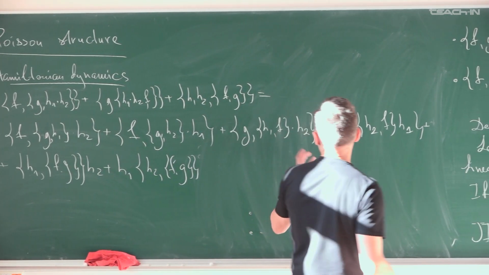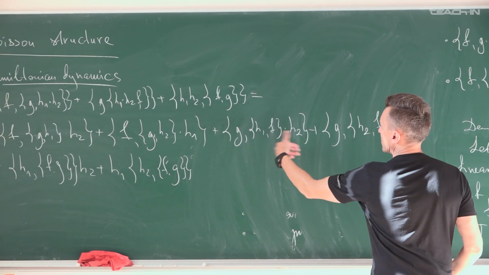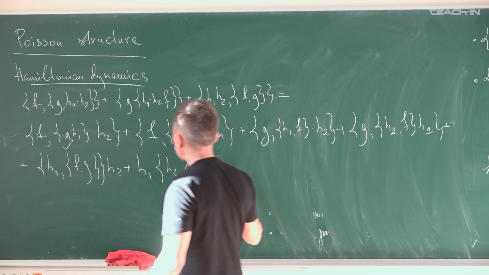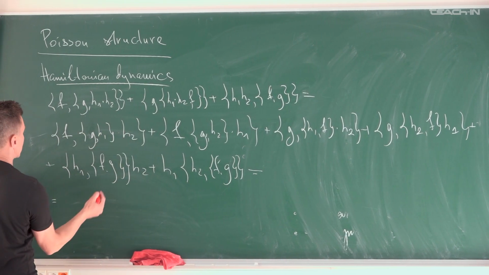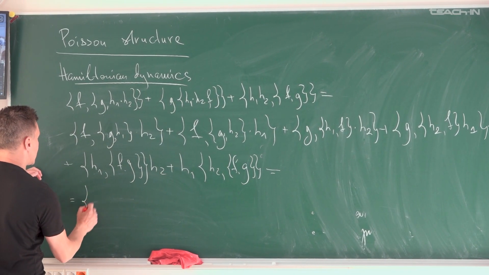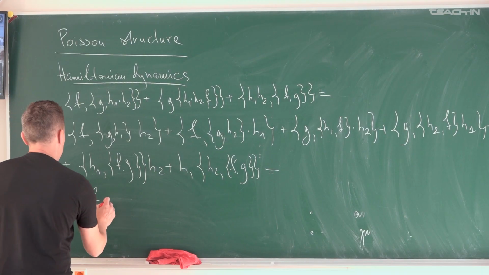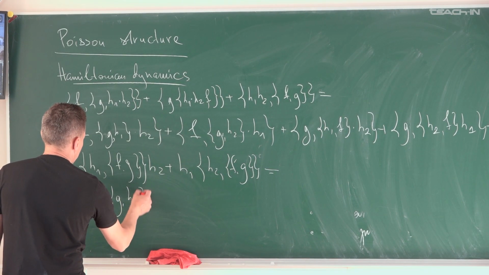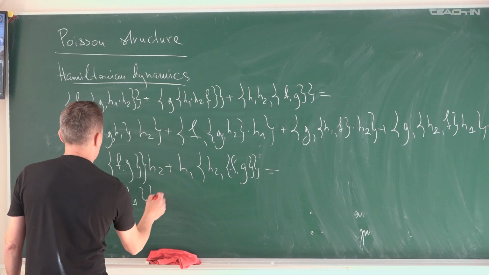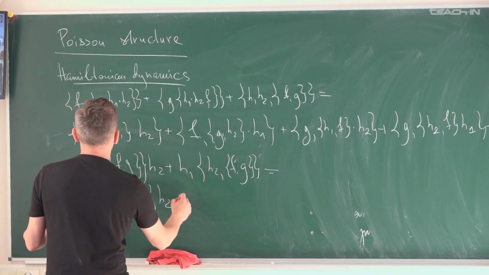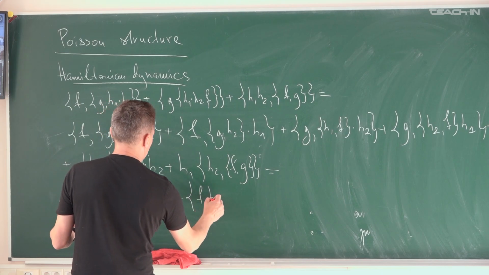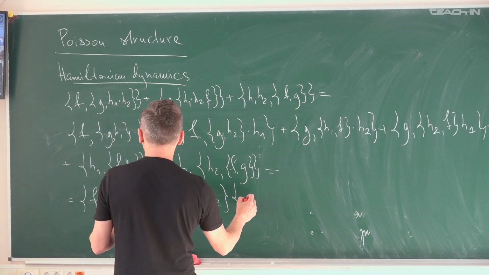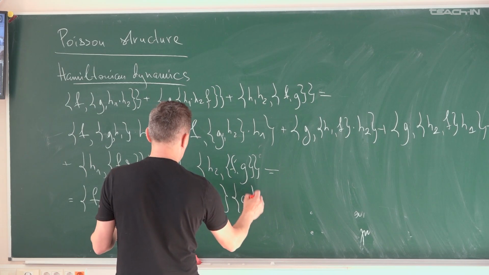When we should apply the same rule here, let us see. It is {f,h1} multiplied by {g,h2} plus {f,h2} multiplied by {g,h1}.